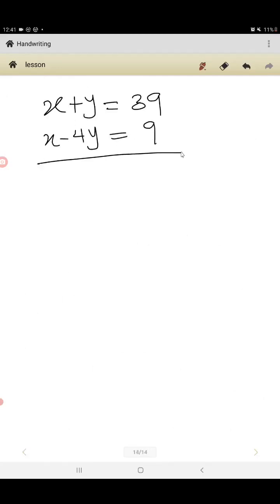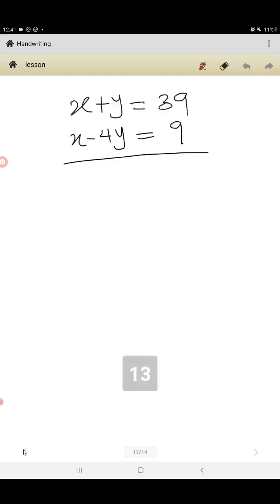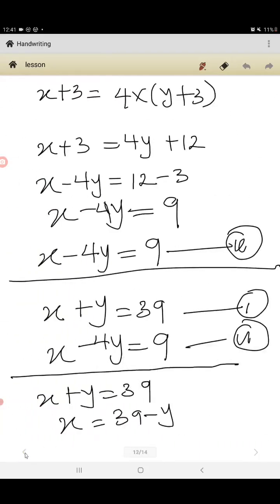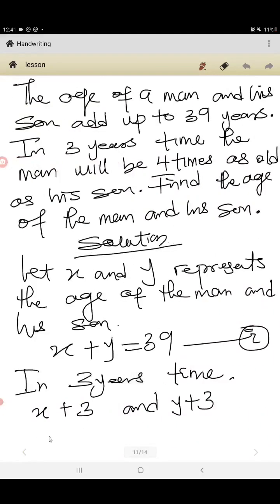We were able to get these equations from the statement of the question, because the statement lets us know that the ages of a man and his son add up to be 39 years. What makes it unique is that in 3 years' time, the man will be 4 times as old as his son. Find the age of the man and his son.